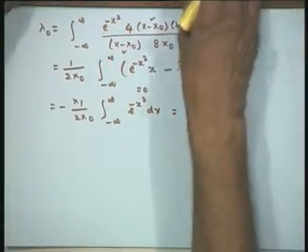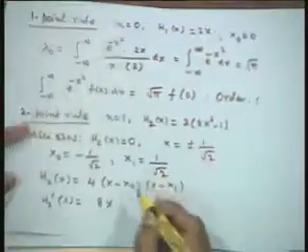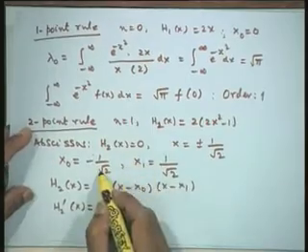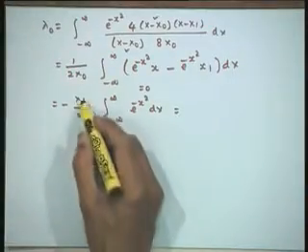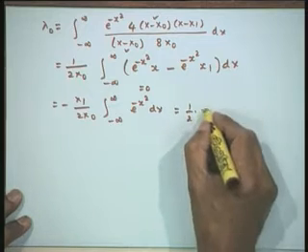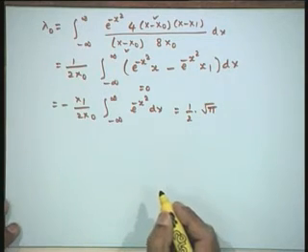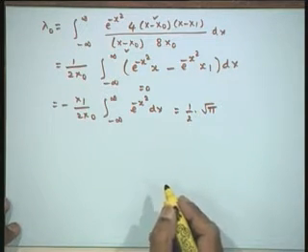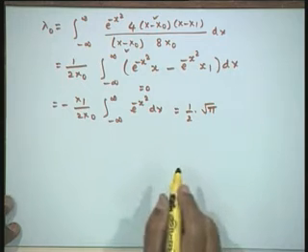Now, let us take the ratio of x1 and x0, these are in magnitude the same, its ratio is minus 1. So, it will have plus half and this is root of pi. Therefore, we have lambda 0 is equal to root pi by 2.